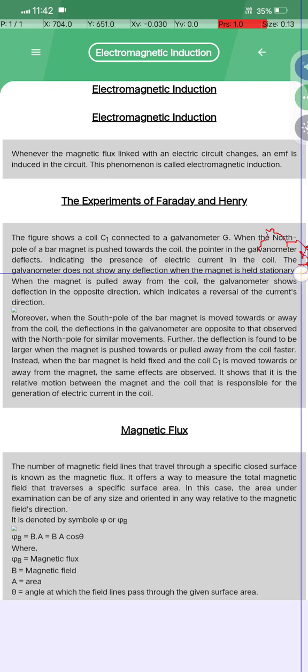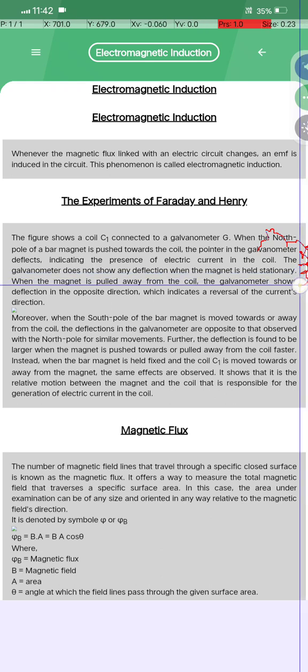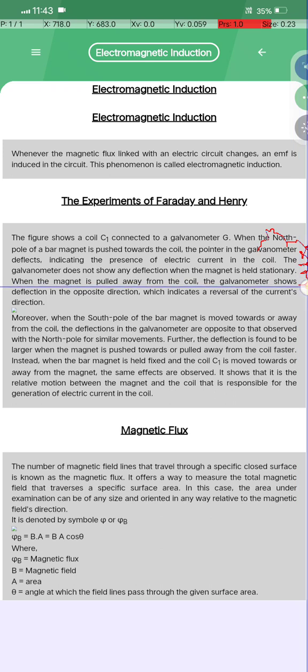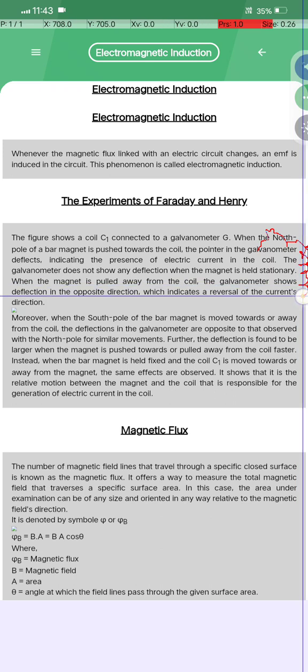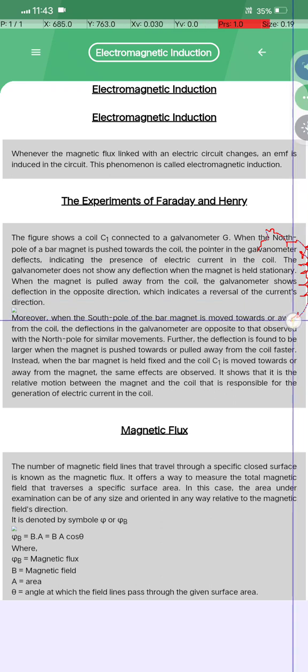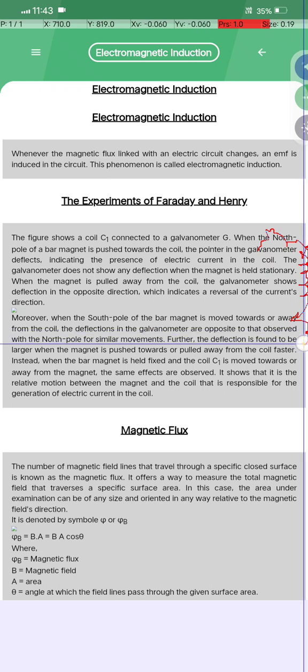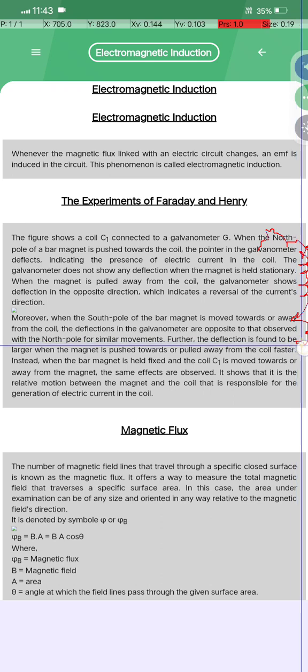The galvanometer does not show any deflection when the magnet is held stationary, and when the magnet is pulled away from the coil, the galvanometer shows the deflection in the opposite direction, which indicates the reversal of the current direction. Moreover, the south pole of the bar magnet is moved towards or away from the coil. Deflections in the galvanometer are opposite to that observed with the north pole for the similar movement.